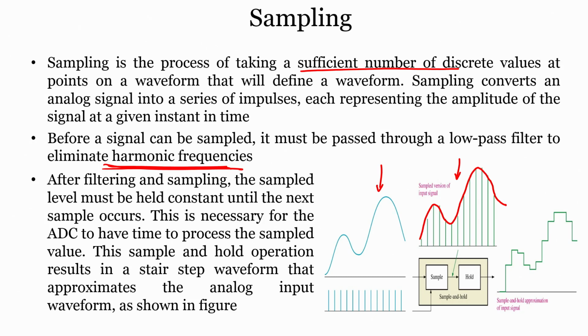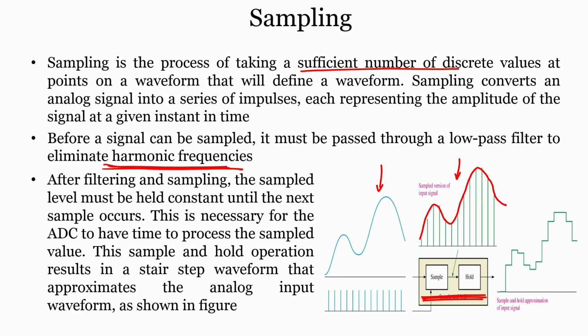Now, after filtering and sampling, the sample level must be held constant until the next sample occurs. So, once you filter and sample, you have to hold that until the next sample. This is necessary for the ADC to have time to process the sample value. This is done with the help of a sample and hold circuit, right.